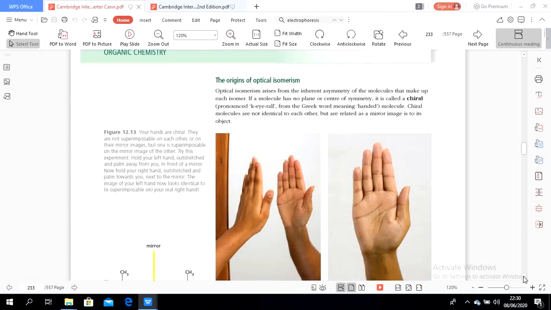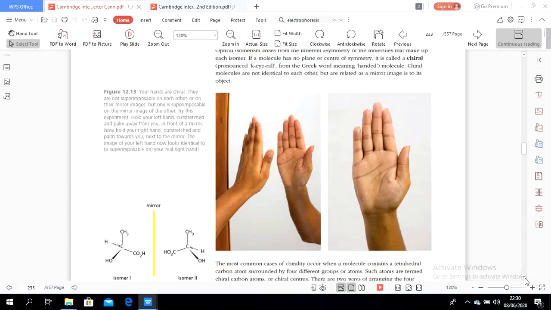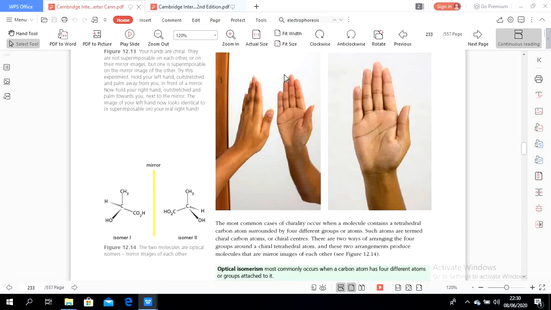Optical isomerism arises from the inherent asymmetry of the molecules that make up its isomers. If a molecule has no plane or center of symmetry, it is called chiral. For example, when our both hands are put in front of a mirror, we can see they are mirror images.